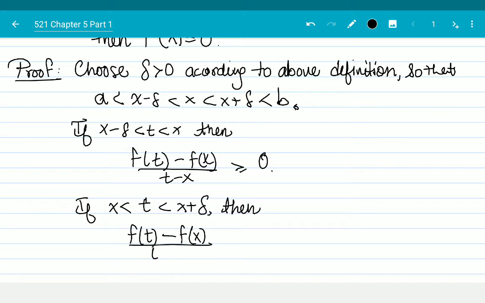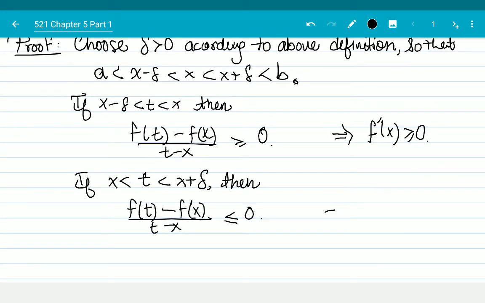But now t is greater than x, so t minus x is positive. So I have negative over positive, and so this is smaller than or equal to 0. Well, the first part implies that f prime of x should be greater than or equal to 0.